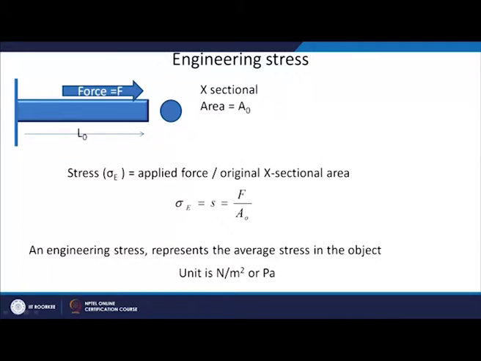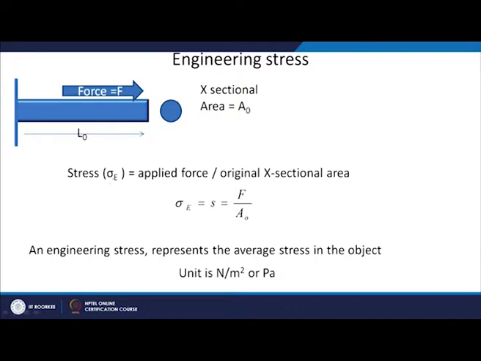Basically, there is a cross sectional area, for example this sample, and I am applying a force, and it is fixed at a particular point here, and you are applying a force. This is the cross sectional area of this sample, given by A naught here.